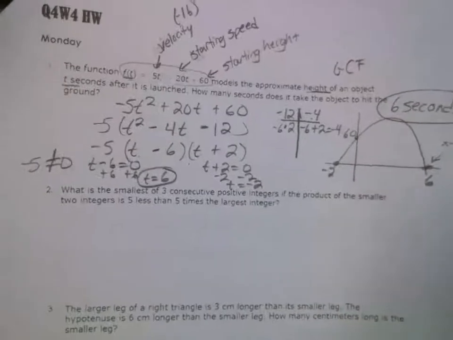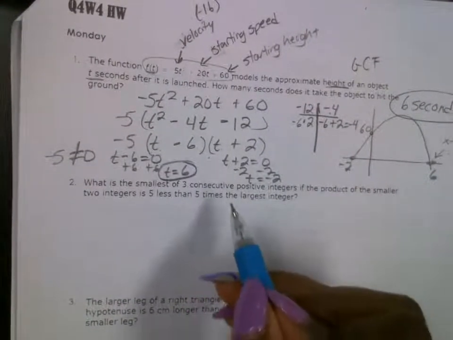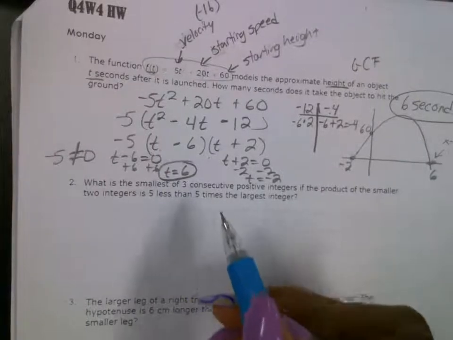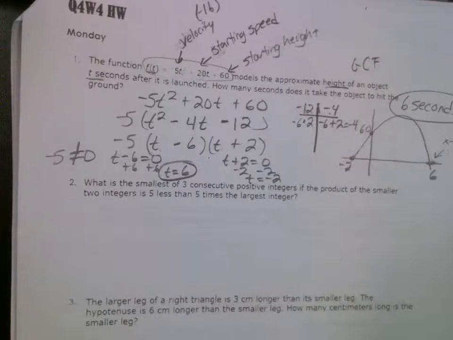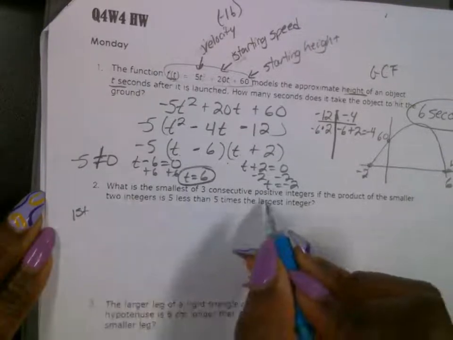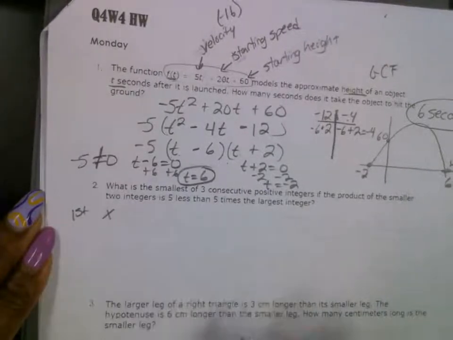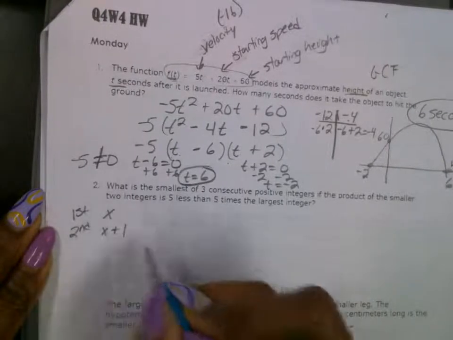All right. Okay, let's look at this one. This is one I understand you don't get because I only did this in the video when I was absent. So let me model this for you in person. The first positive integer we're going to say is x. The next positive integer is x plus 1.